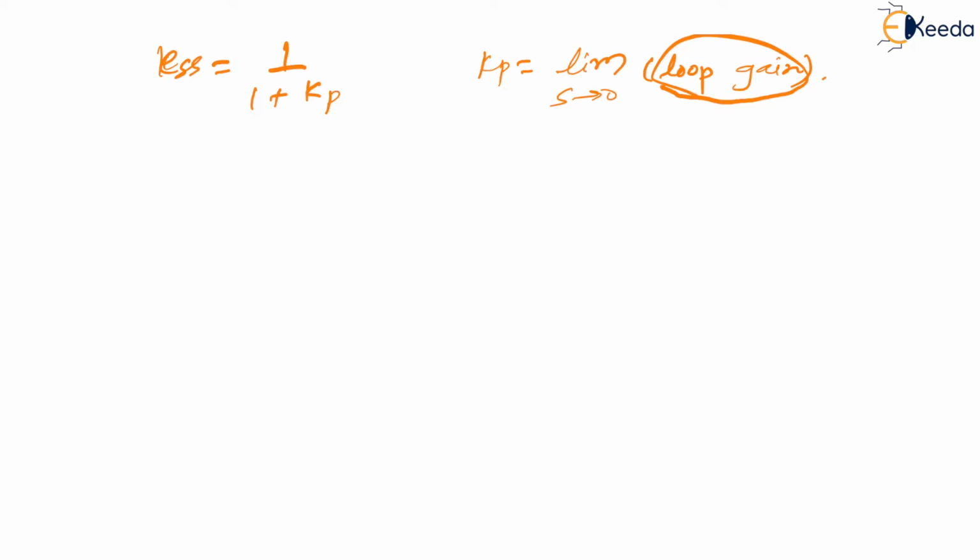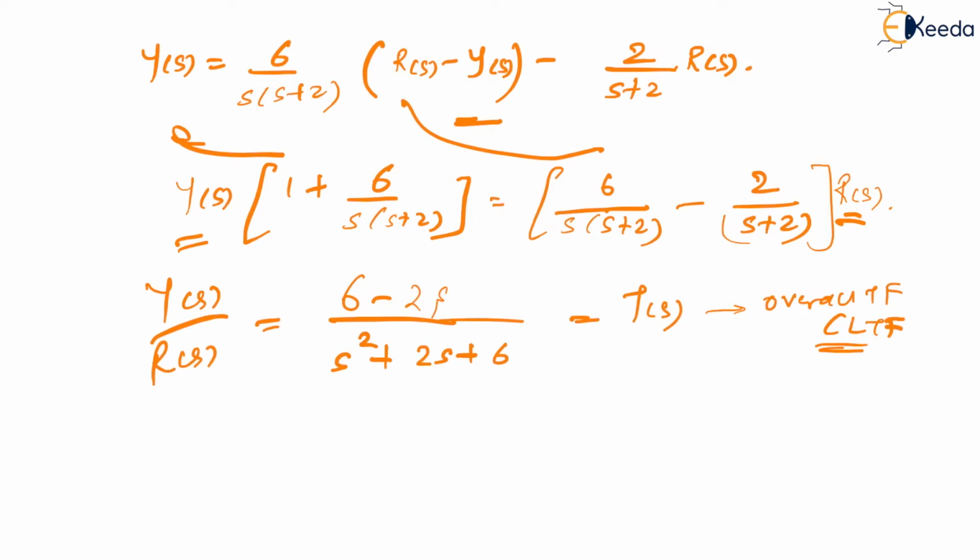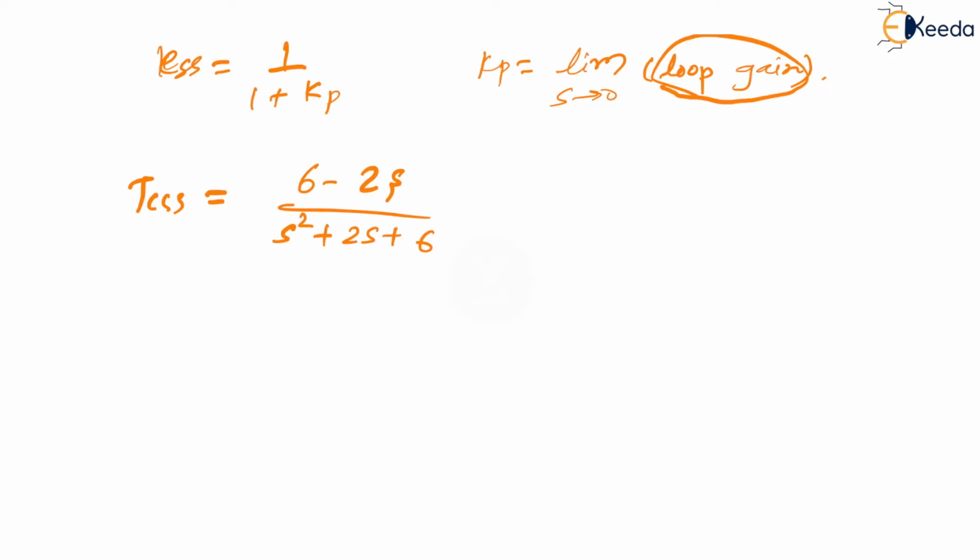So in order to find that open loop transfer function, we know how to equate that. Our T of s is equal to what? Given to be 6 minus 2s upon s squared plus 2s plus 6, right? This one. Now that has to be equated to G upon 1 plus G, correct? Now from this, if you just cross multiply, what do you get then?